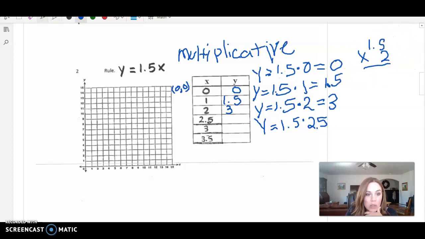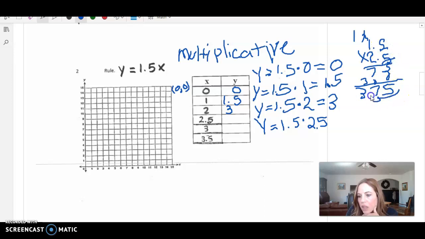I don't know that, so I'm going to have to do a little math over here, 2.5, and that would be 25, 5, 6, 7, drop one 0, 5 times 2 is 10, and 2 plus 1 is 3, and so that would be 5, 7, 3, so 3 75/100ths, 3.75. So when x is 2.5, y is 3.75.